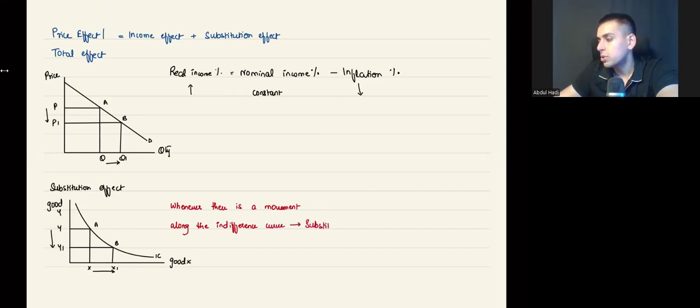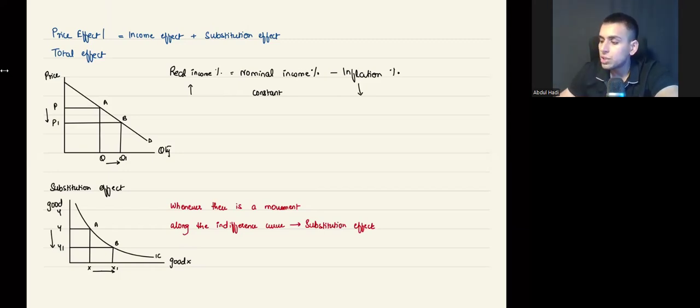Why? Because whenever I travel along the indifference curve, it tells me how I am substituting good Y with good X, the amount of substitution that has been going on. So whenever you are traveling along one indifference curve, this identifies substitution effect.